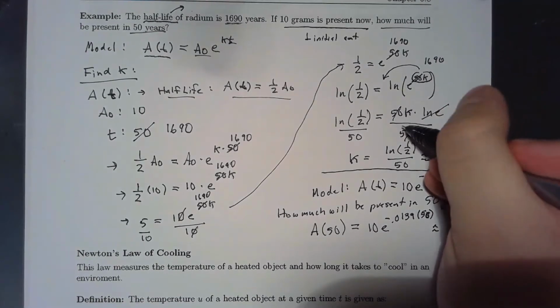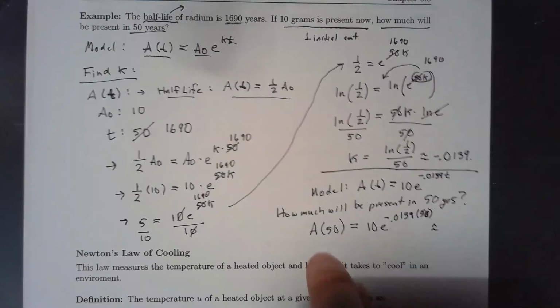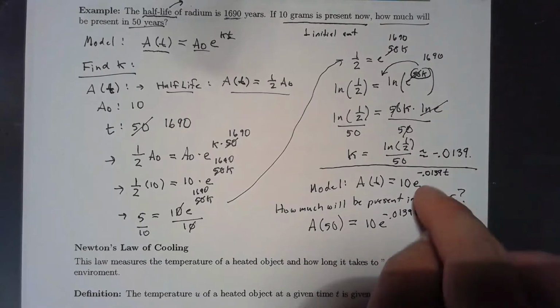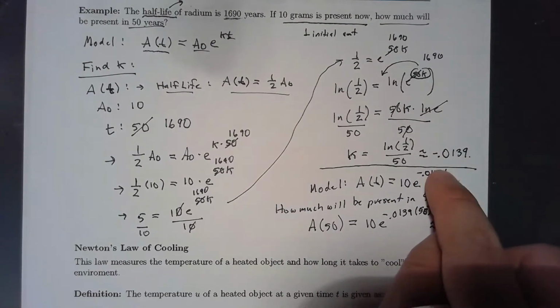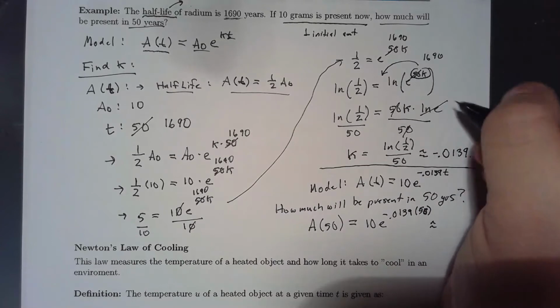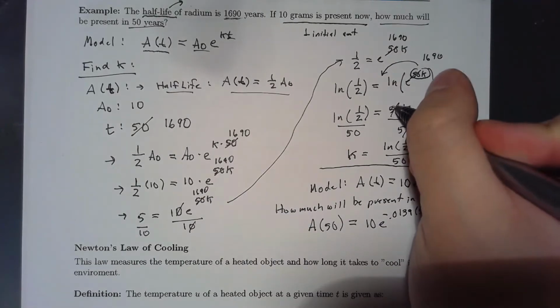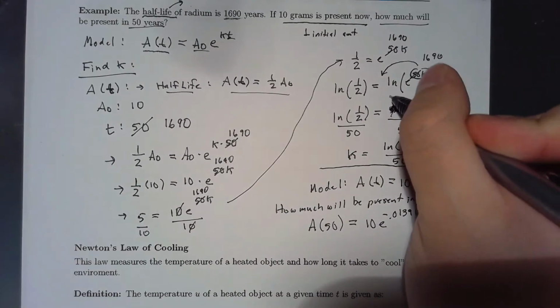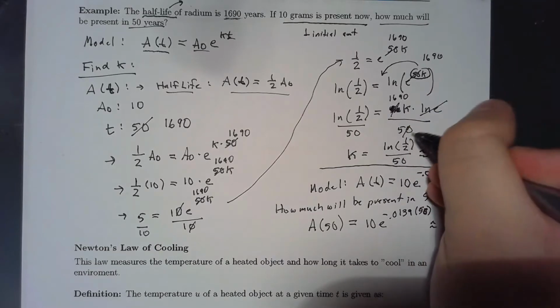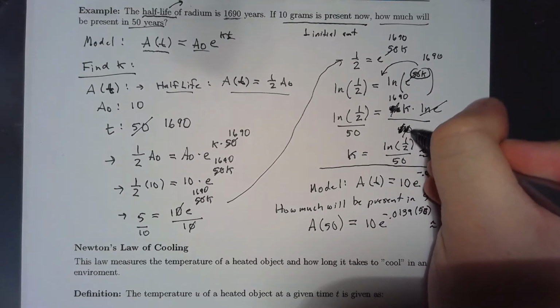I'm trying to find out how much there is after 50 years. So I'm going to plug 50 in here, but to get the decay constant, I have to use 1,690. I'm so sorry, guys. So my logic was correct, I just used the wrong value.